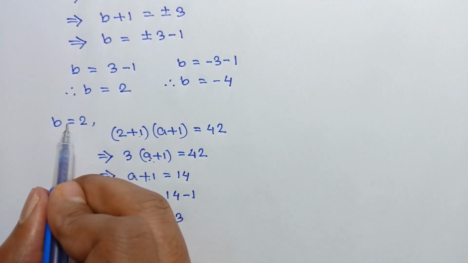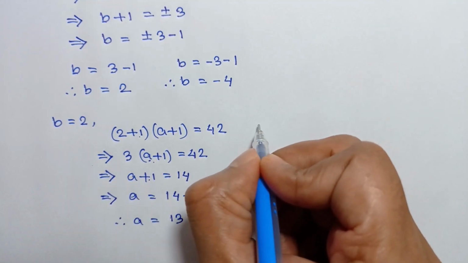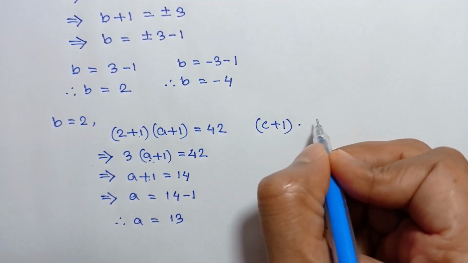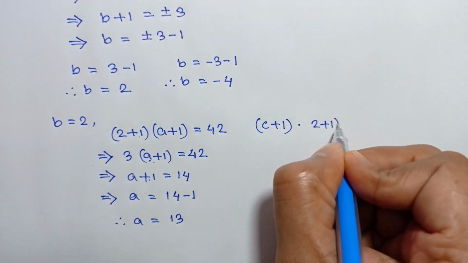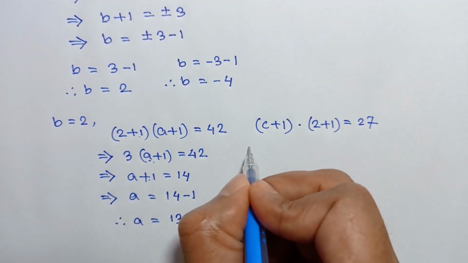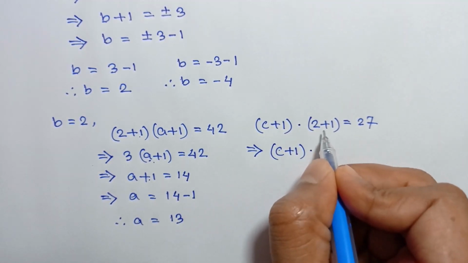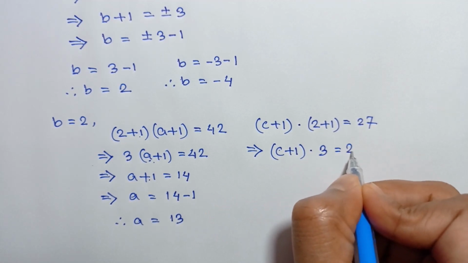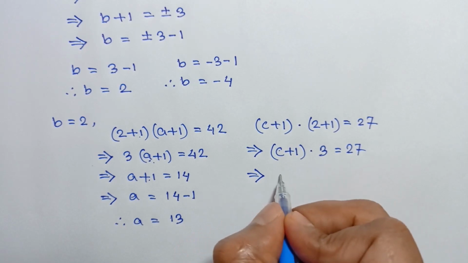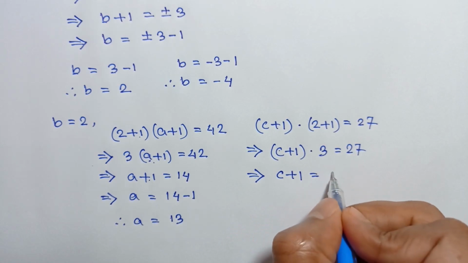And when b = 2, from equation 5 we can write (c + 1)(2 + 1) = 27, or (c + 1) times 2 + 1 is 3 = 27. Dividing both sides by 3, we will have c + 1 = 27 by 3 is 9.